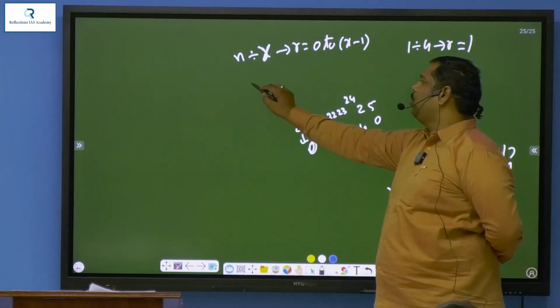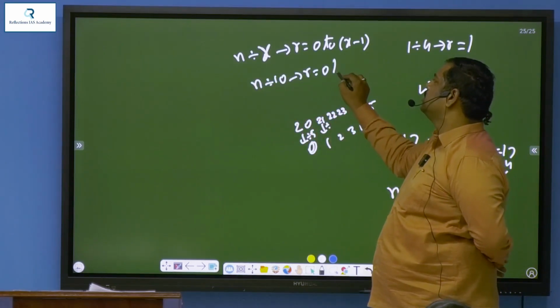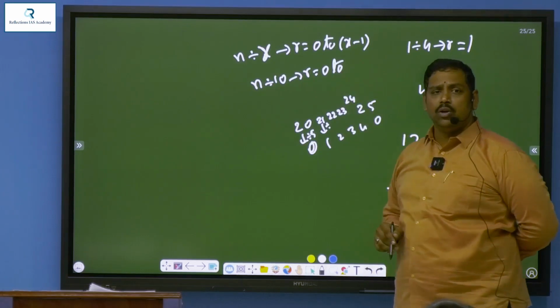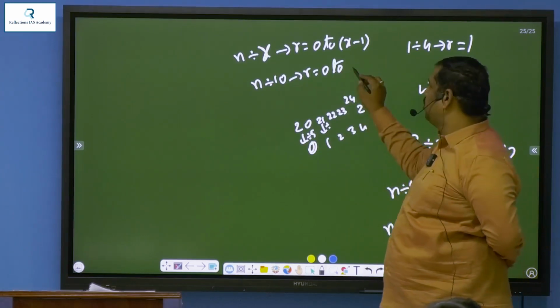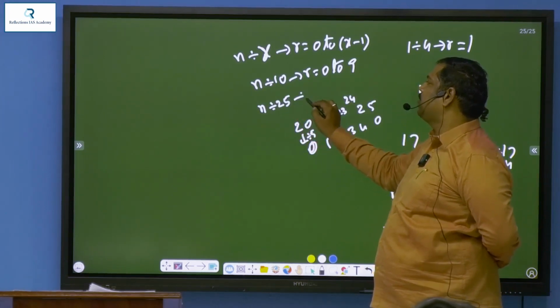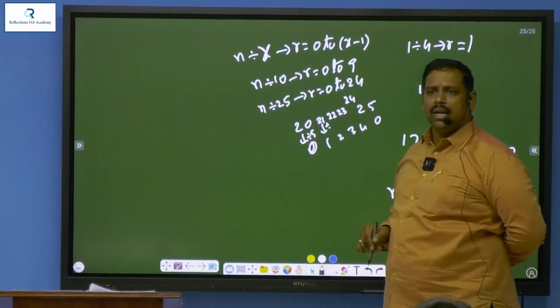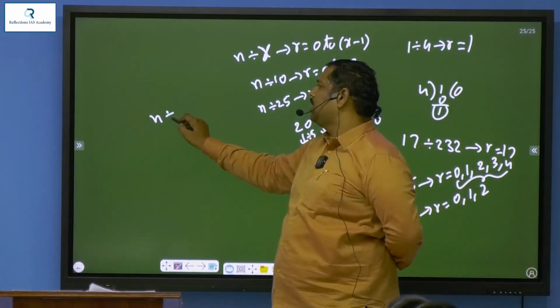Okay, now tell me, if you are dividing a number with 10, what are the remainders that you will get? 0 to 9. Okay, if you are dividing a number with 25, the remainders are from 0 to 24, right or no? If you are dividing a number with 4, what are the remainders that you can get?